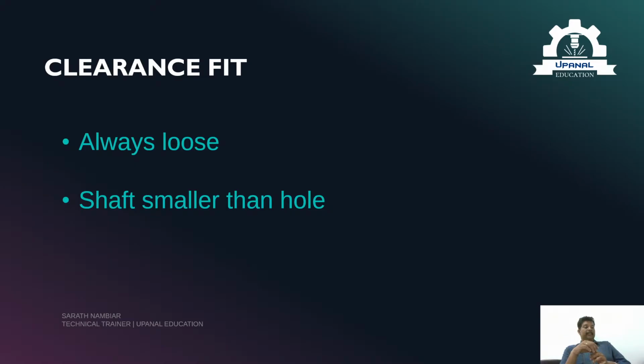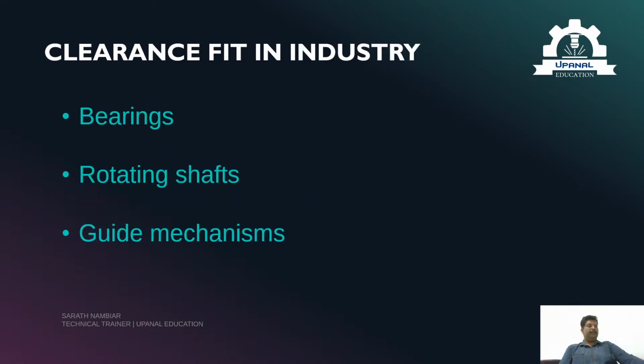Assembling is very easy, and this type of fit is used wherever motion is required. For example, in industry, clearance fits are used in bearing assemblies, rotating shafts, machine slides, spindles, or anywhere the movement is required.